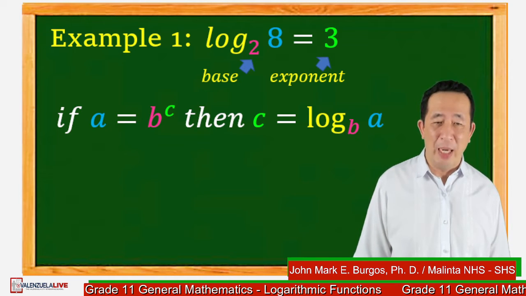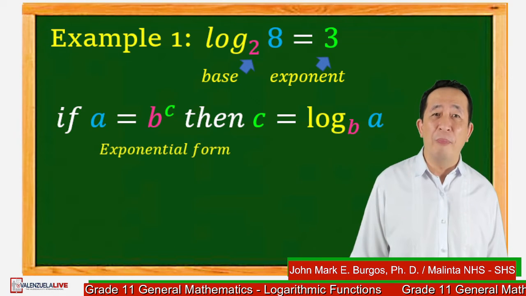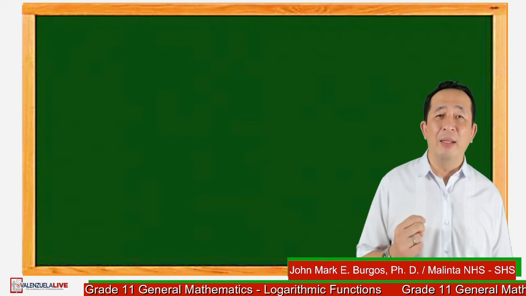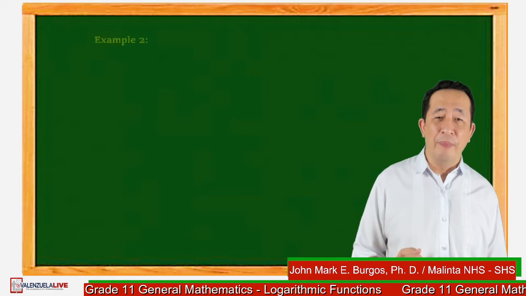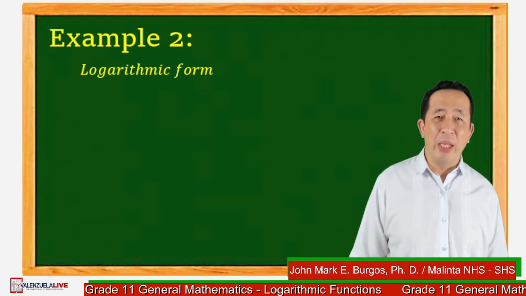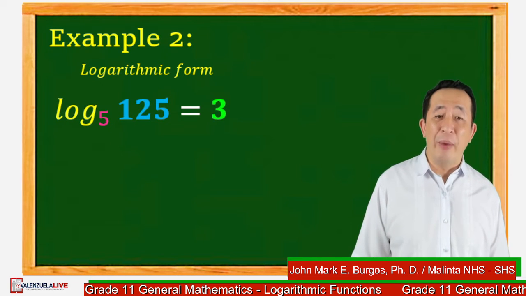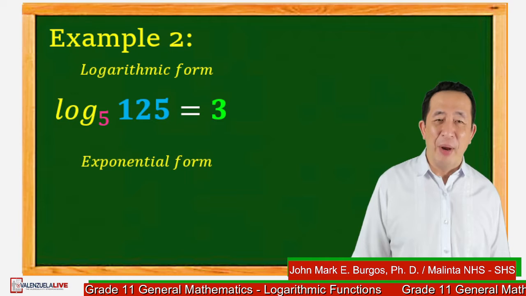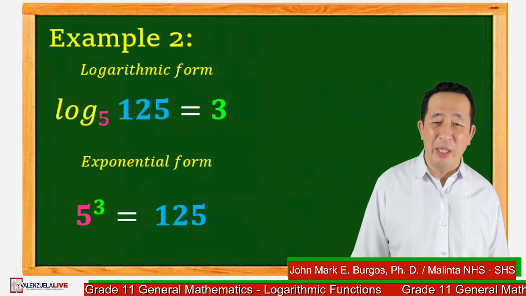In exponential form, 2 raised to the power of 3 is equal to 8. In our second example, in logarithmic form, logarithm of 125 with base 5 is equal to 3. In exponential form, 5 raised to the power of 3 is equal to 125.